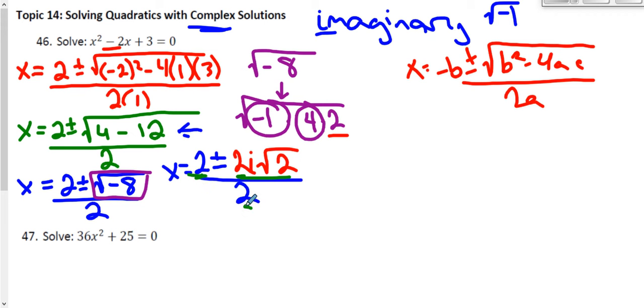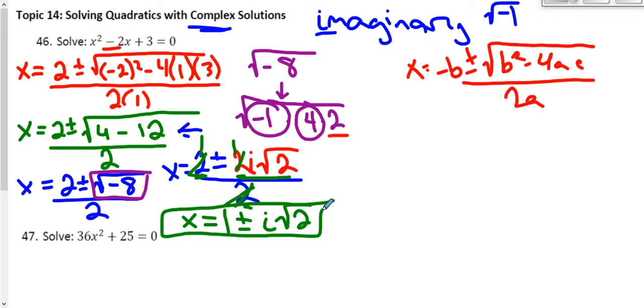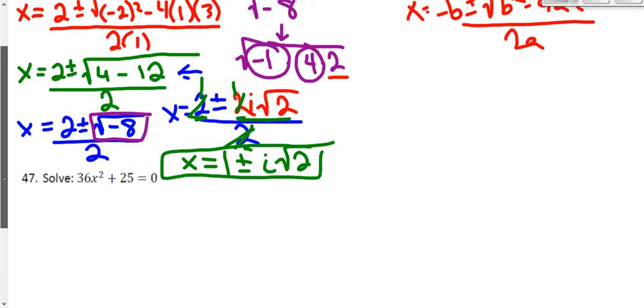So I'm going to divide everything in this fraction by 2. 2 divided by 2 is 1, and this 2 divided by 2 is 1. So x equals 1 plus or minus 1i, which is just i, times the square root of 2. So that's my final answer. It's either x is 1 plus i times the square root of 2 or 1 minus i times the square root of 2. And that guy's all done.